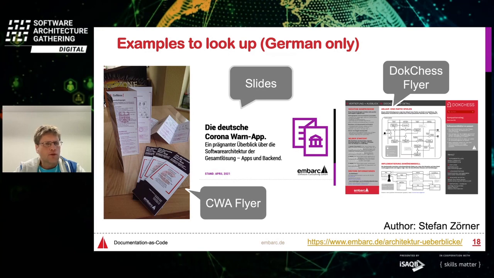There are also some slides about it, and there's another example. It's a chess engine, which is also documented. If you want to have a look, please just go to our website, and the link is below.